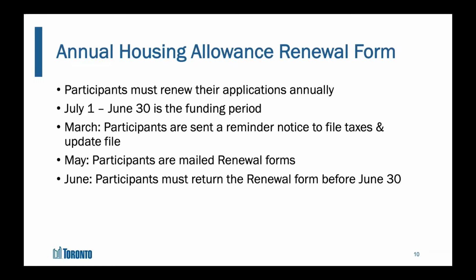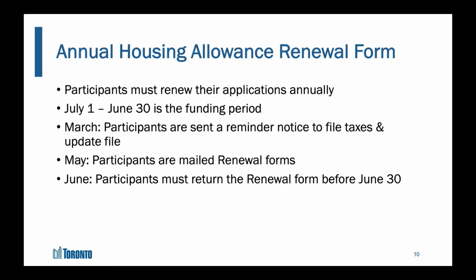That being said, in March, participants are usually sent a reminder notice to make sure that they update and file their taxes. Because it is a shared administration with the province, even if a client moves or there are changes to, perhaps, their marital status, they must contact the province and advise them if they are moving or if there are any changes to their household.